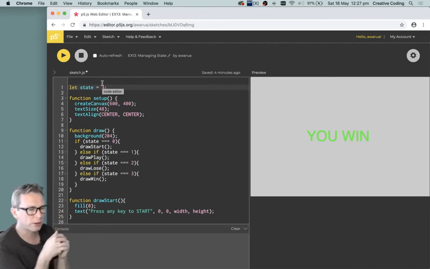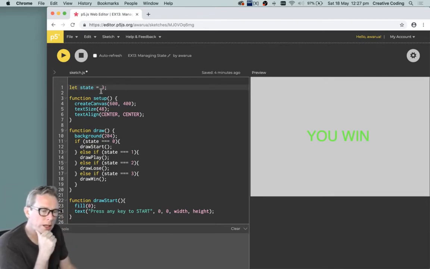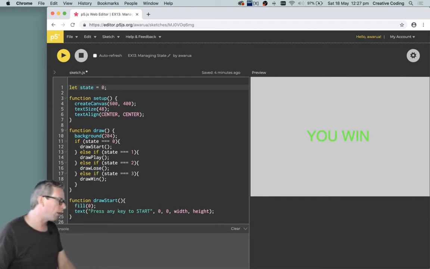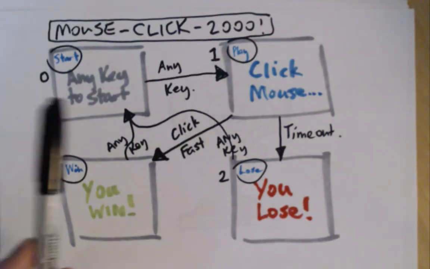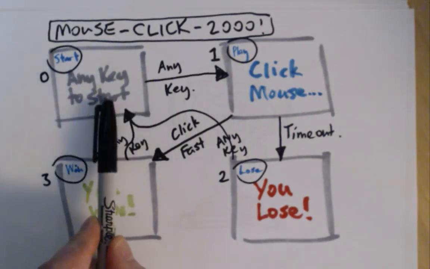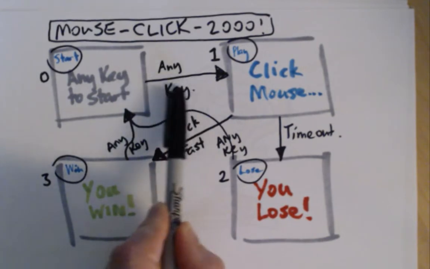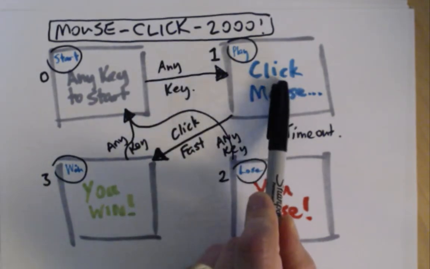We're drawing them to the screen. What we need now is a way of changing the state. So let's set the state to begin back at 0 and think about what it takes to go from that start state to any other one. Well, we figured that out before. From the starting state, if the user presses any key, then we should go into the play state.